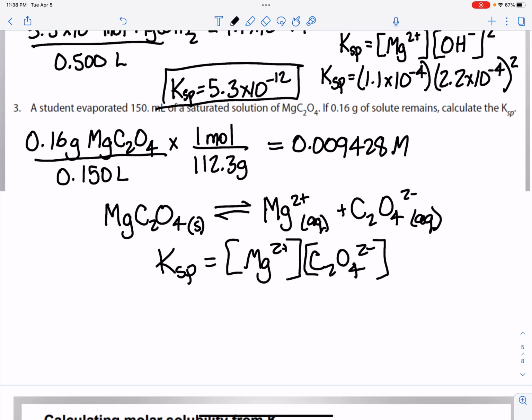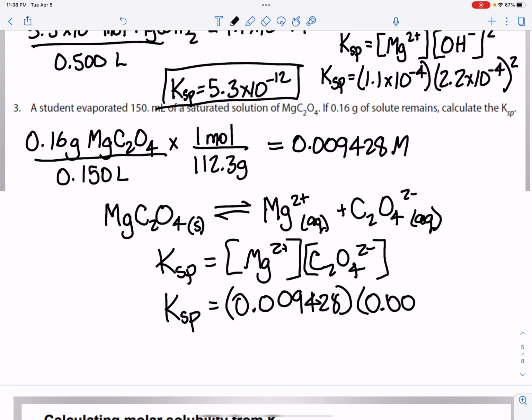I substitute 0.009428 moles per liter for both of these because of the 1:1 ratio. I do the math on that, and I get 9.0 times 10 to the negative 5.